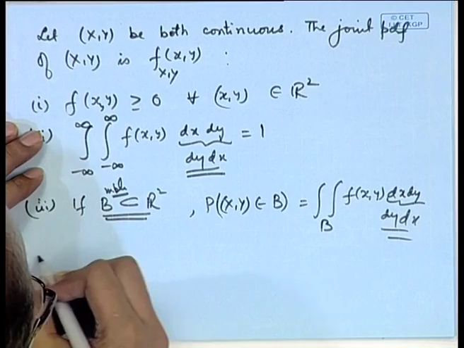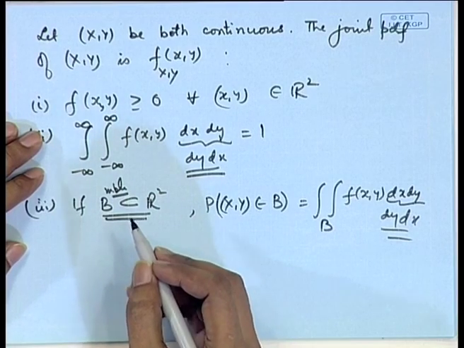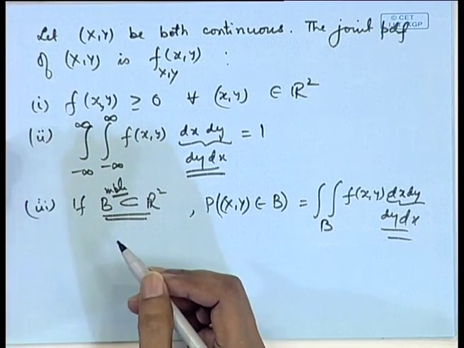So, like in the case of the discrete random variable, one may talk about the marginal distributions of x and y. In the case of discrete, we had summed over the other variable to get the marginal distribution of one variable. In the case of continuous random variable, we will have to integrate.